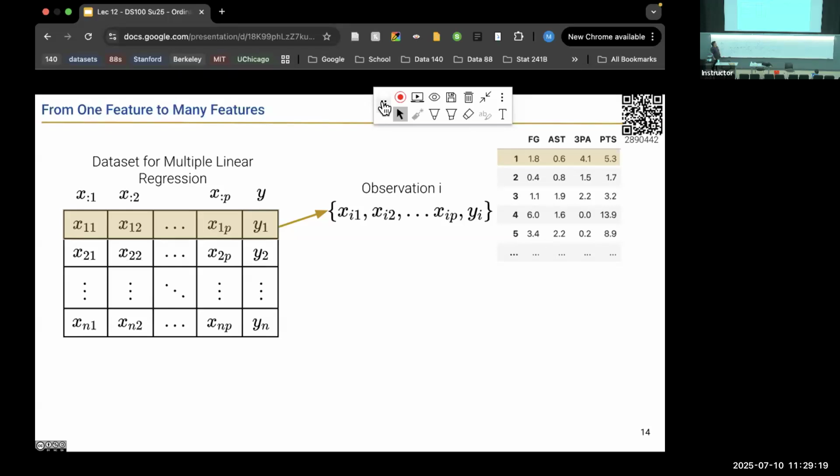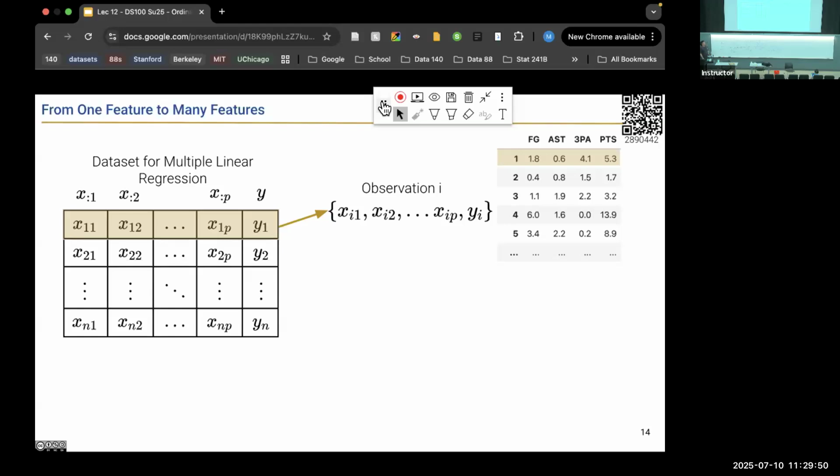Or in general, if I want observation i, in the NBA example, I want the data for player i, the ith player, I just pull out everything in the ith row. And those entries are going to be xi1, xi2, because the first number in the subscript represents which row you're looking at. So xi1, xi2, etc. And then yi in the end. That's my response. Okay.